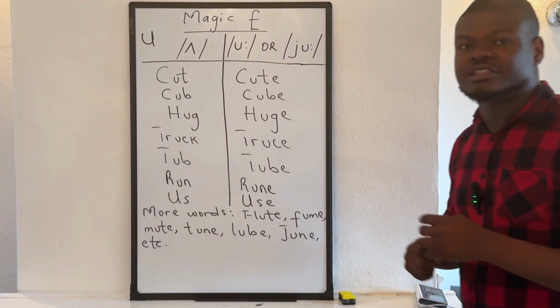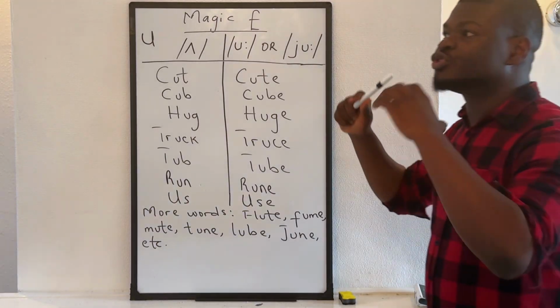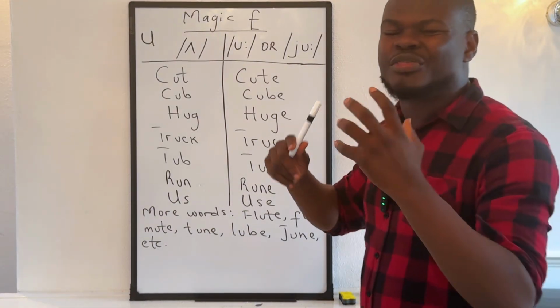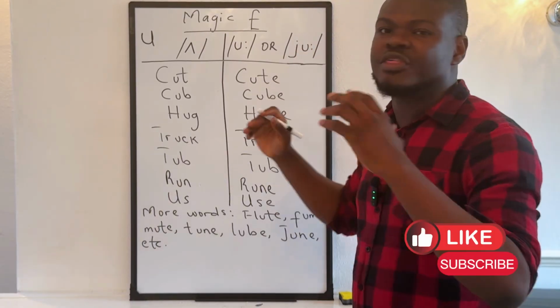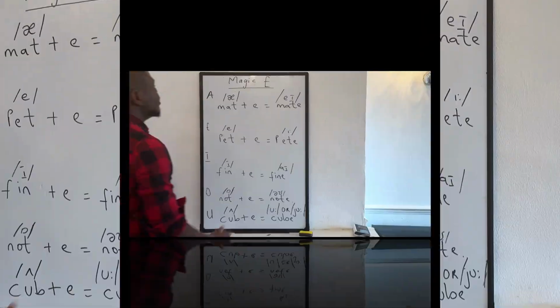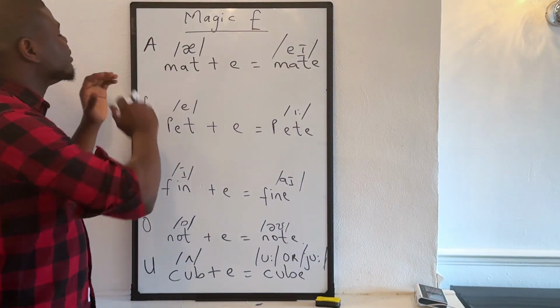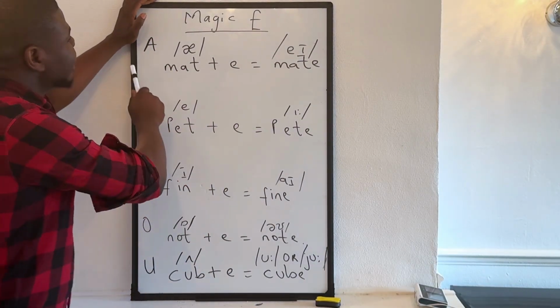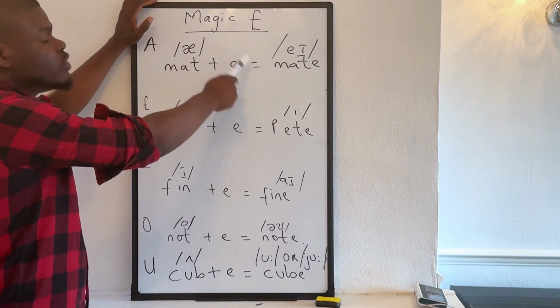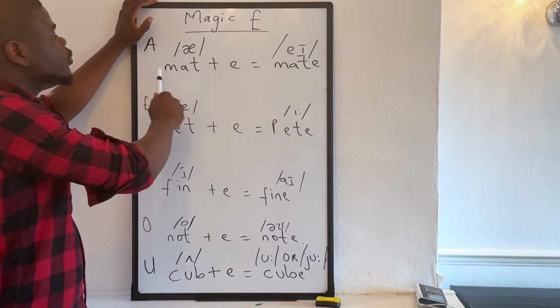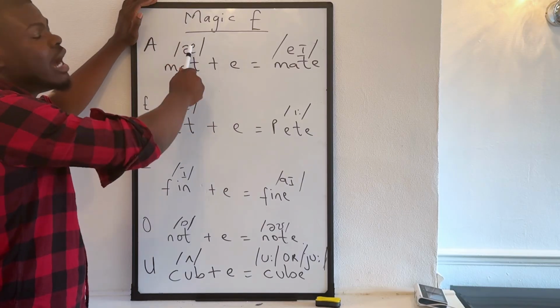That's the letter U. So before we go, I'll just run off with a summary and something mnemonic enough to help you remember this topic so easily. So viewers, like I said, letter A sounds A, yeah? That is before the magic E. So the letter A in the word mat gives us the A sound.